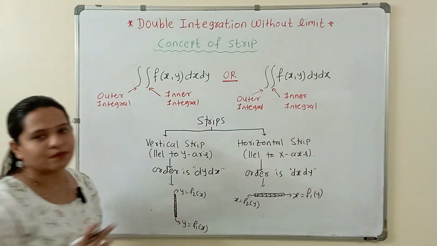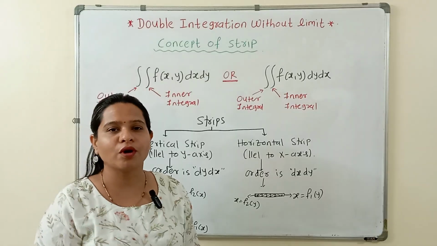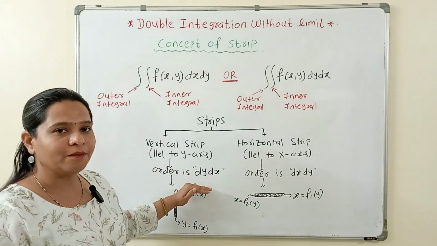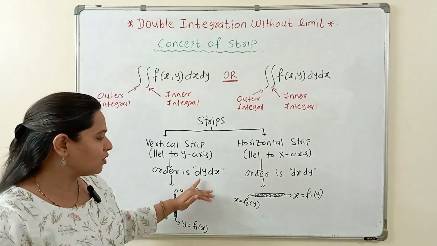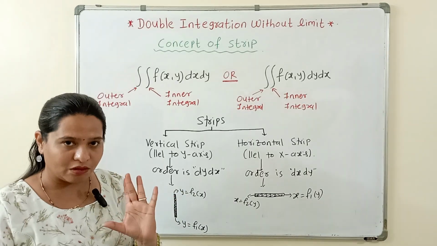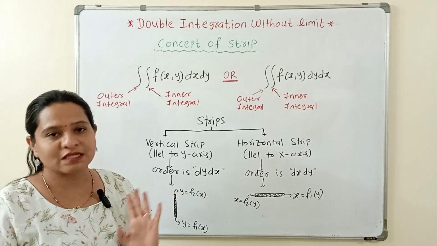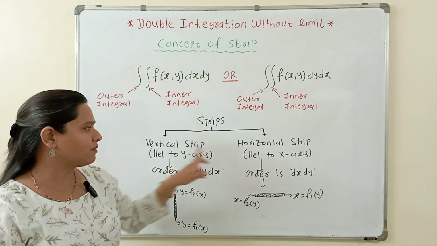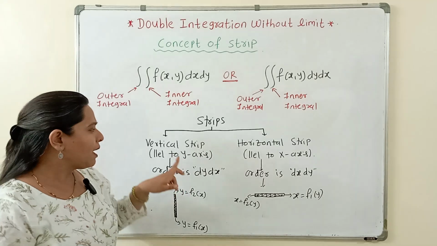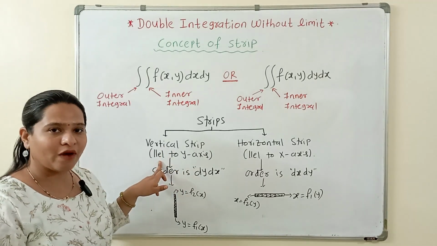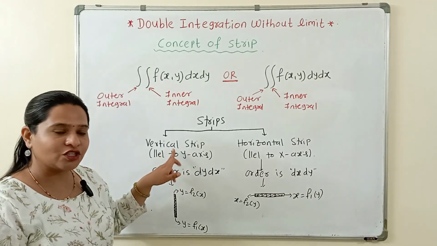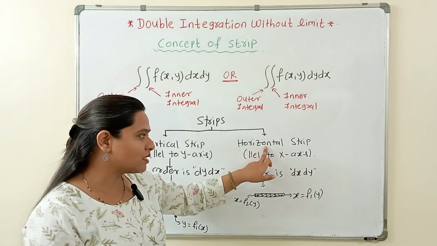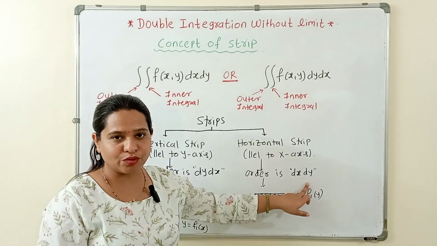So this is the concept of strip. The important thing to understand is which strip gives which order. Once you know the order, then from both ends of the strip you know the value of what to calculate. Let us recall again: we have only two types of strip, vertical strip and horizontal strip. A vertical strip is parallel to the y-axis, and by taking a vertical strip the order of integration is dy into dx. By taking a horizontal strip the order of integration is dx into dy.